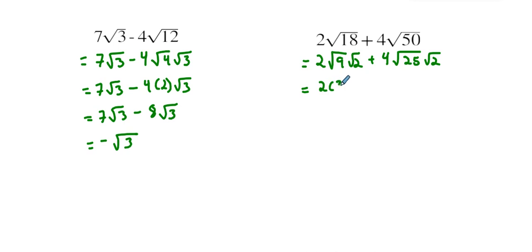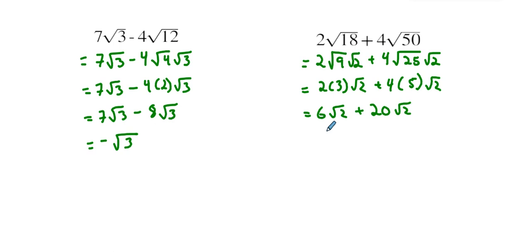So this is going to be 2 times 3, root 2, plus 4 times 5, which is the square root of 25, root 2. And this will be 6 root 2 plus 20 root 2. And this would give me 26 root 2.